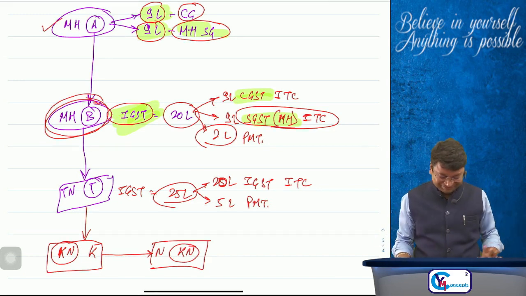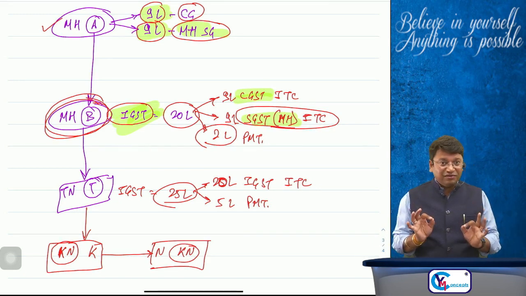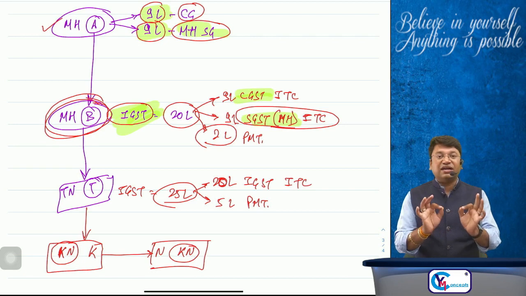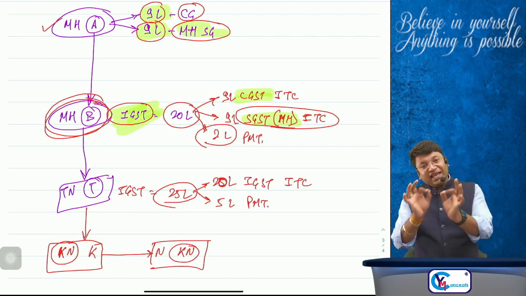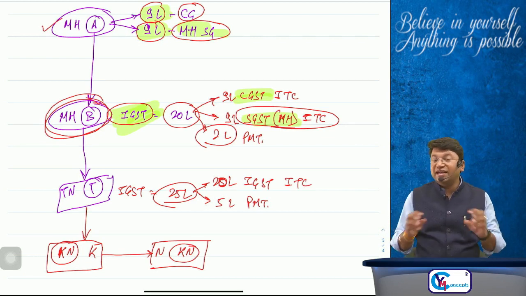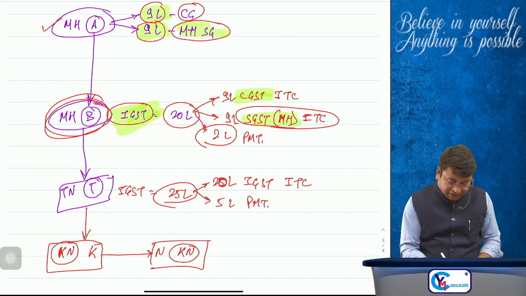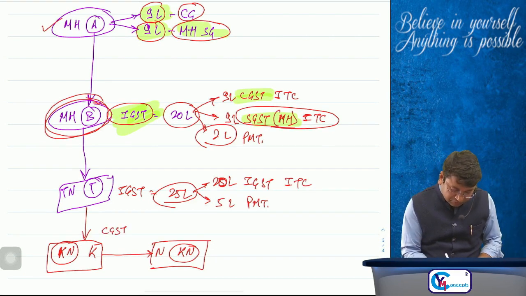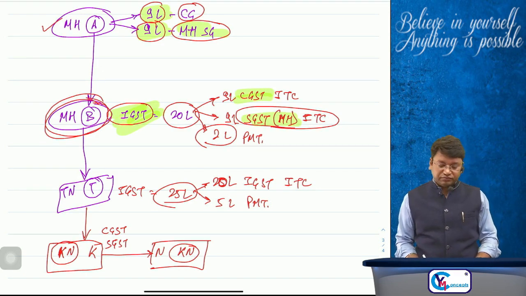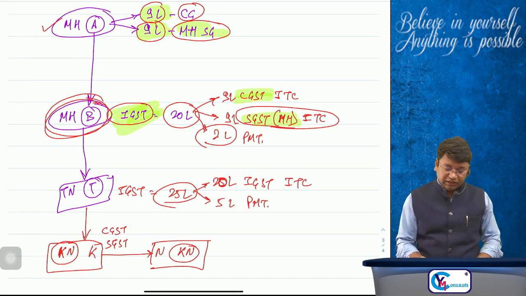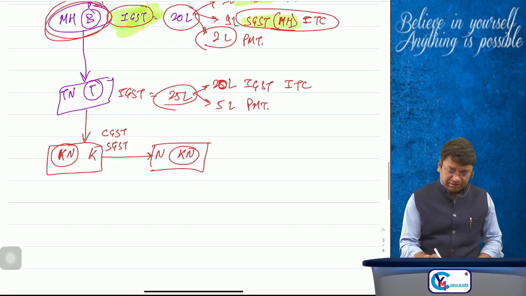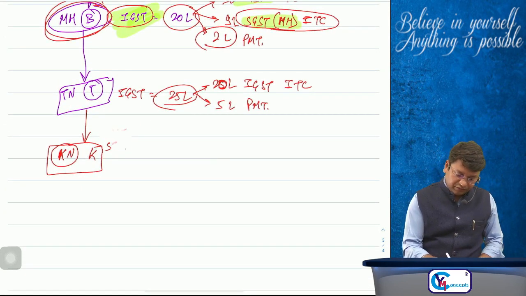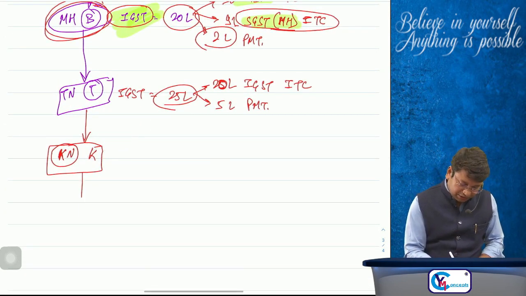Okay, sir. Now, Mr. K of Karnataka has sold the goods to Mr. N of Karnataka only. Again, it is an intra-state supply, and he will charge CGST and SGST. Okay, sir. I'll do one thing here only, so it will be easier to understand.